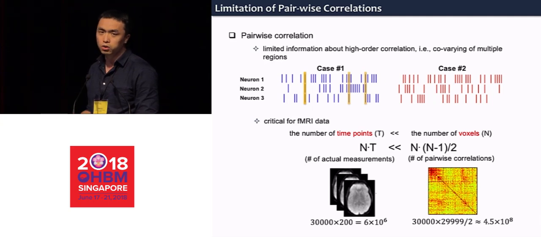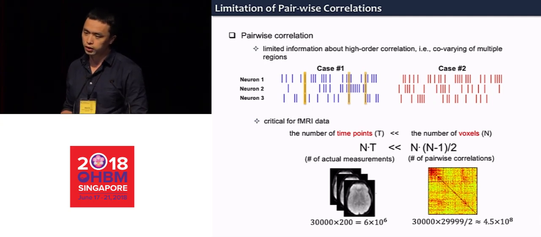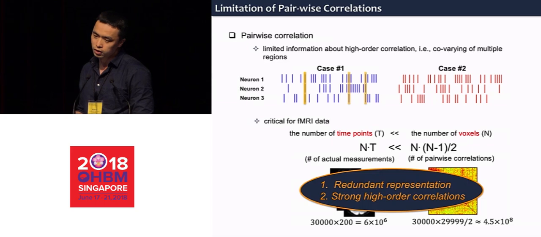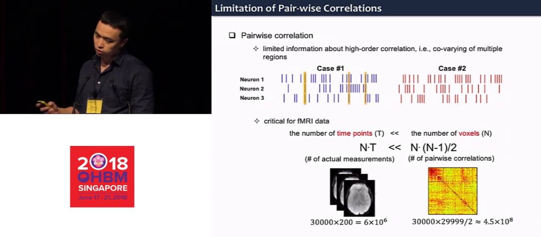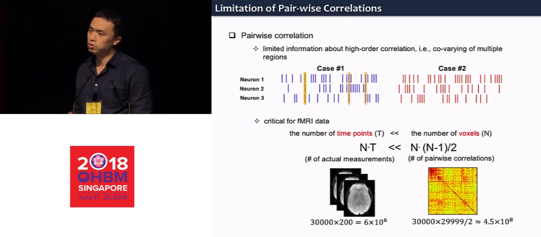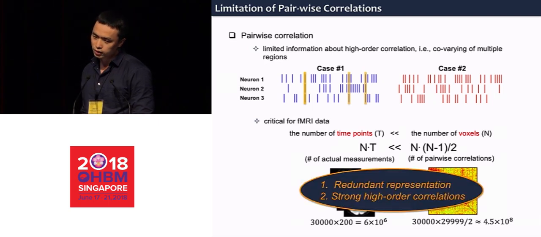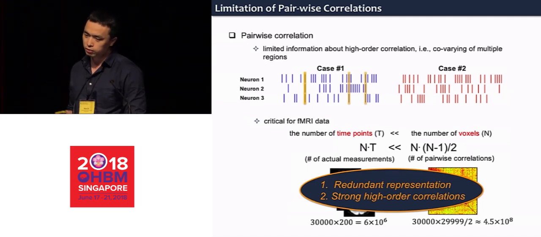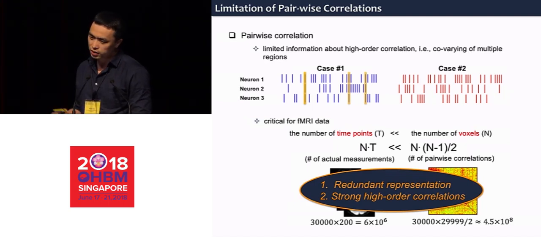This is especially critical for fMRI because fMRI data has many more spatial voxels than time points. If you do voxel-based analysis and calculate all possible correlations, you will get more correlations than actual data points. So that's a redundant representation. Also, based on the network patterns from correlation analysis, there must be very strong high-order correlation in the fMRI data.